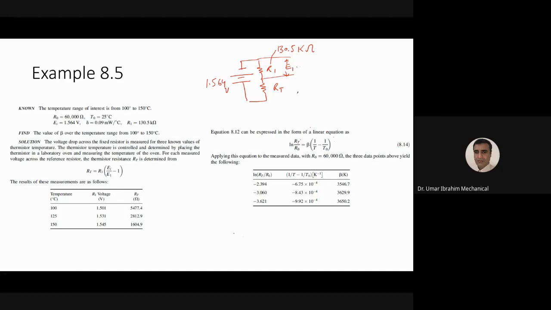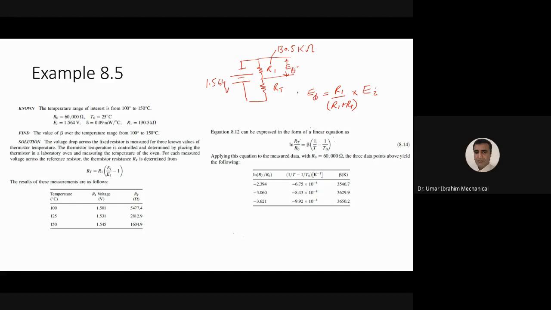If we are given the E1 value, we know that the voltage drop is R1 divided by R1 plus RT, into the input voltage, which is EI. So this is EI, and this one is E out. Let's call it E out.